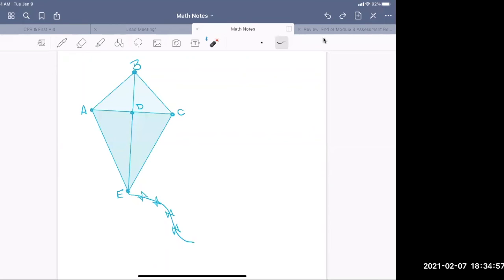Okay, some other angles you could have identified are, let's see, angle ABD. That would be this one right here. Actually, let me use the highlighter. ABD. We could represent angle ADE.